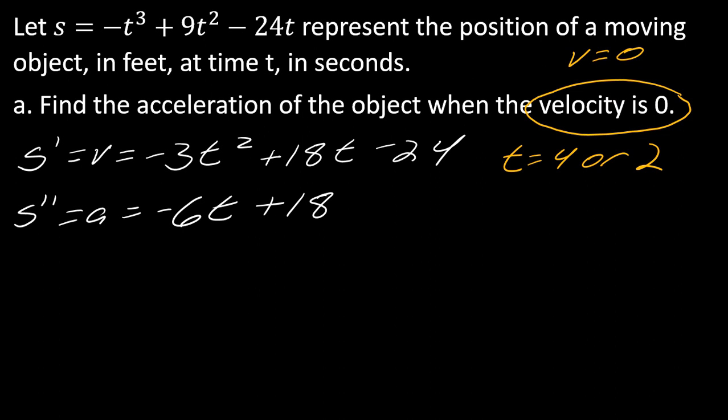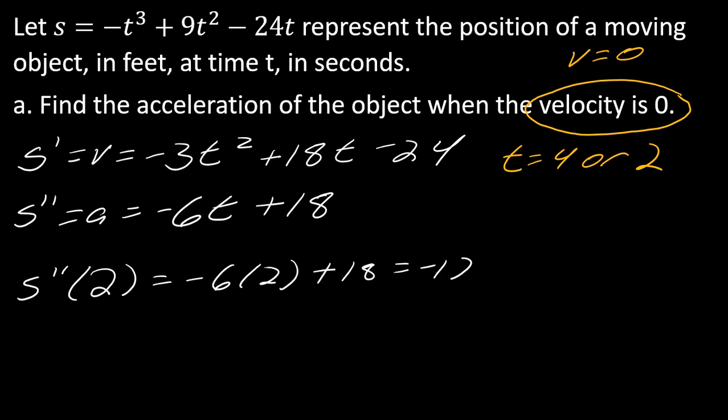So what I can do now is just plug it in. If I take s double prime of 2, I just plug that straight in like this. So I get negative 12 plus 18, so that's 6, and that would be 6 feet a second squared.